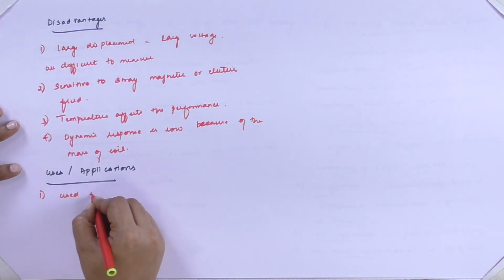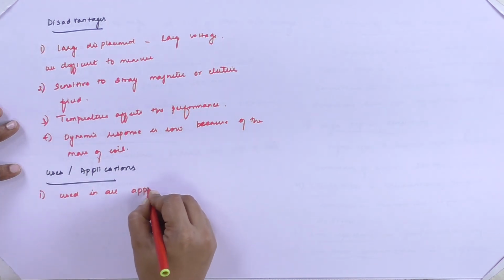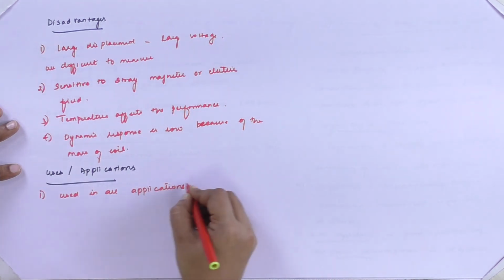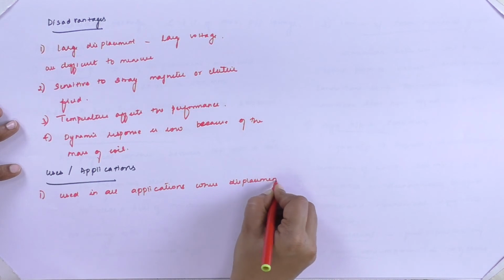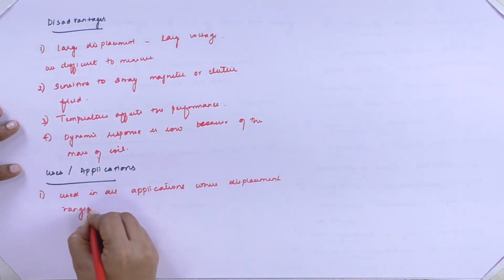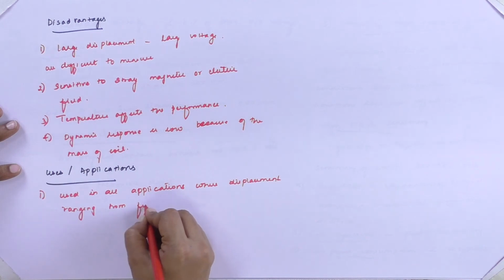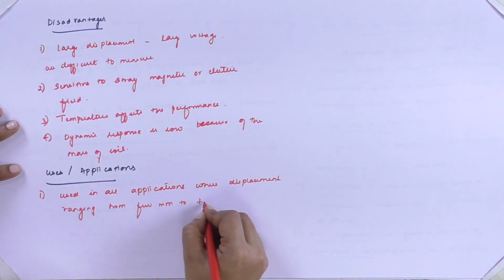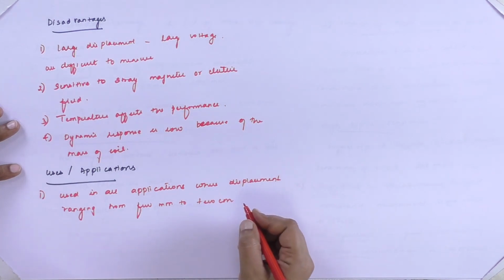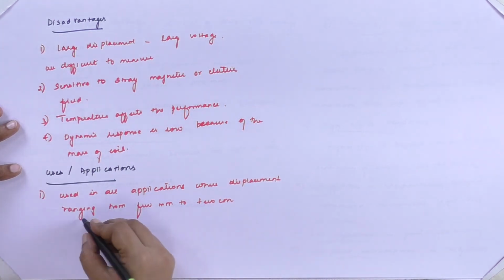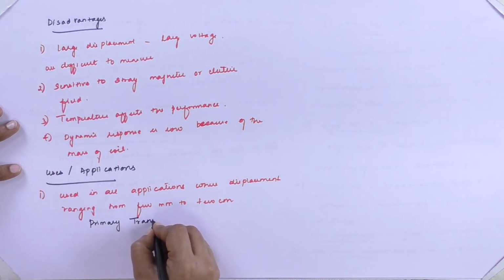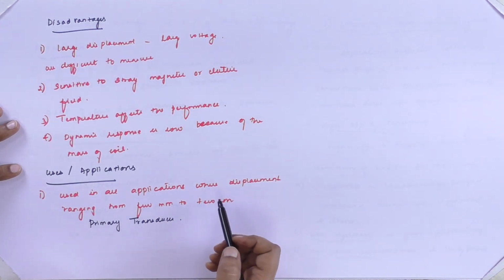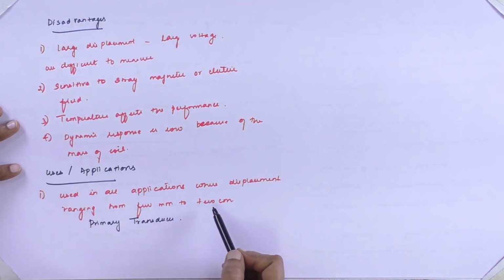The first application is that it is used in all applications where displacement ranging from a few mm to a few centimeters is to be measured. So it acts as a primary transducer.